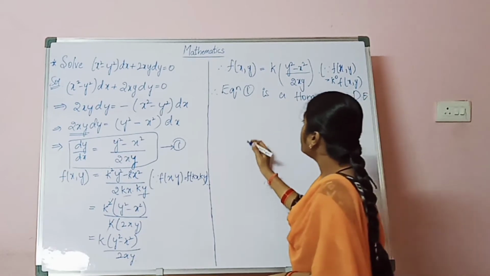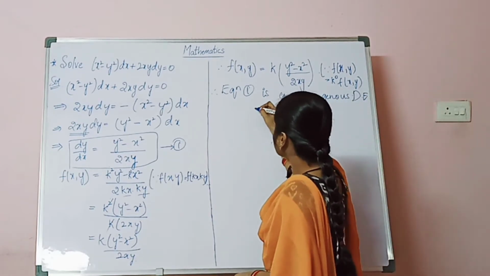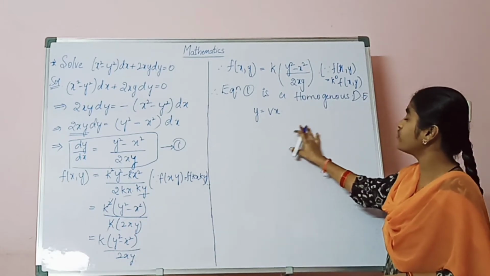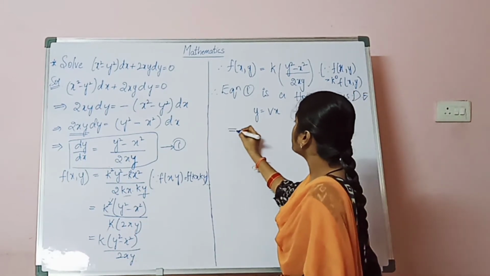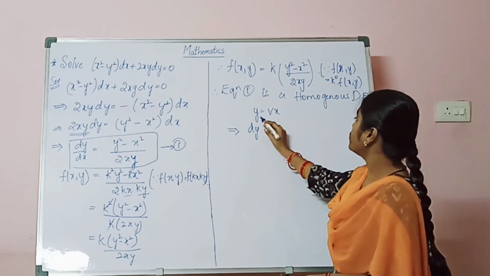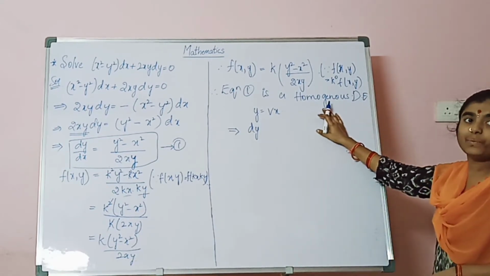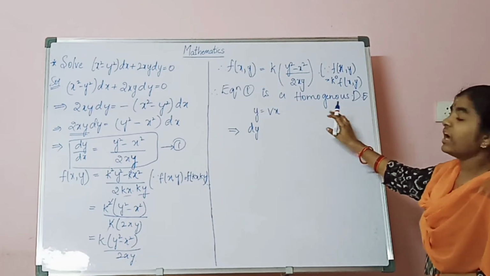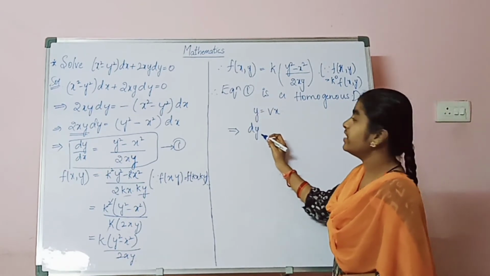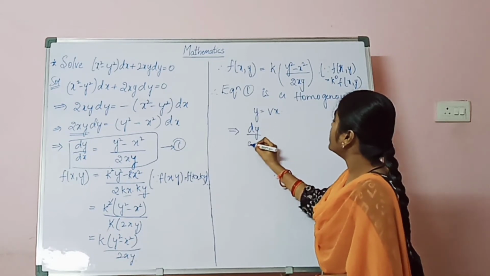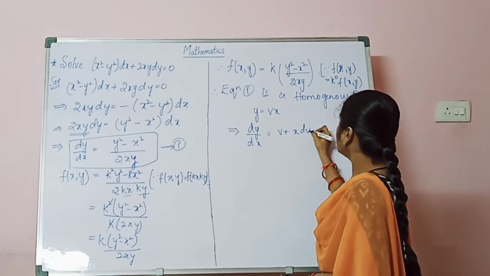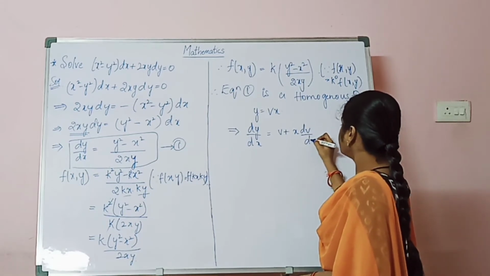Now what we have to do? Now we have to substitute y equals vx. According to step 2, we have to substitute y equals vx. After checking whether it is homogeneous or not, after that we have to substitute y equals vx. That implies dy by dx equals v plus x into dv by dx.